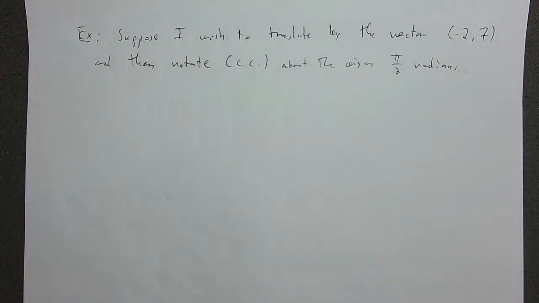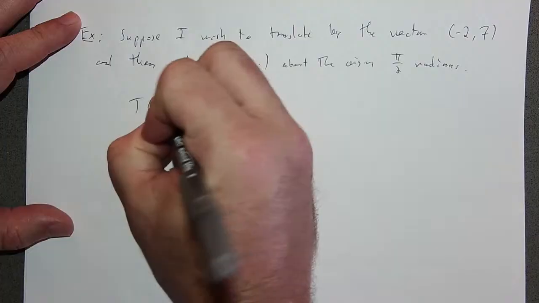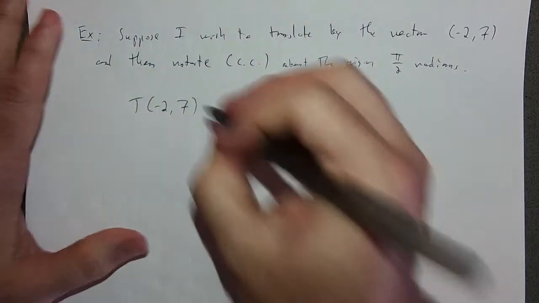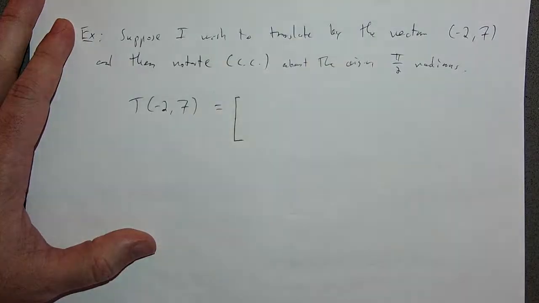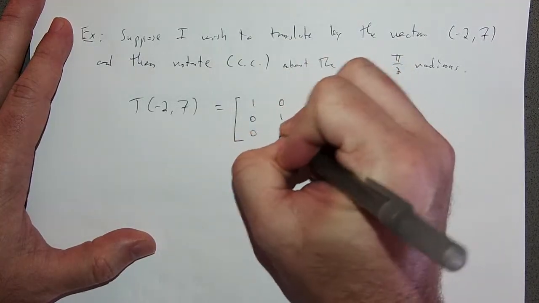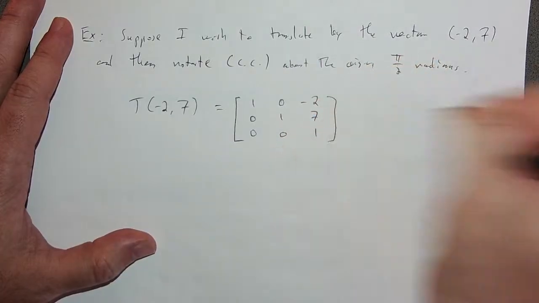Okay. So what's the translation that I'm doing? The translation is this thing, which we know the form that matrix takes. Reading column-wise, this is 1, 0, 0, 0, 1, 0, and then minus 2, 7, 1.